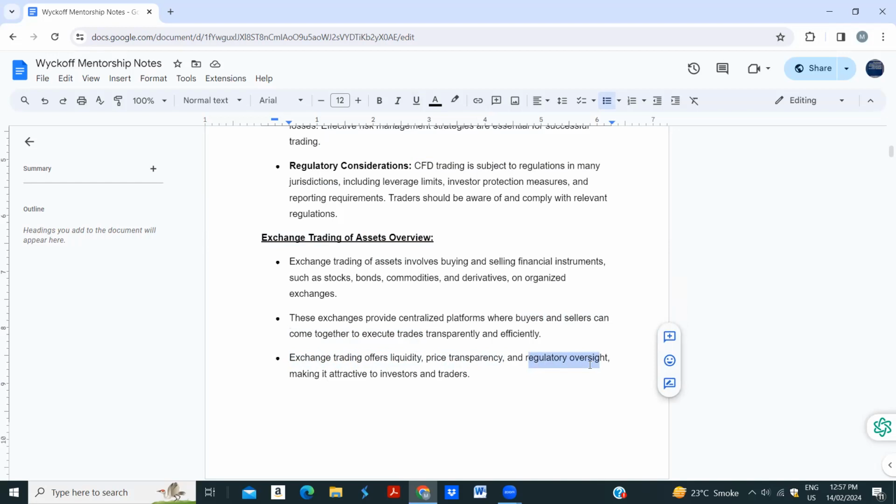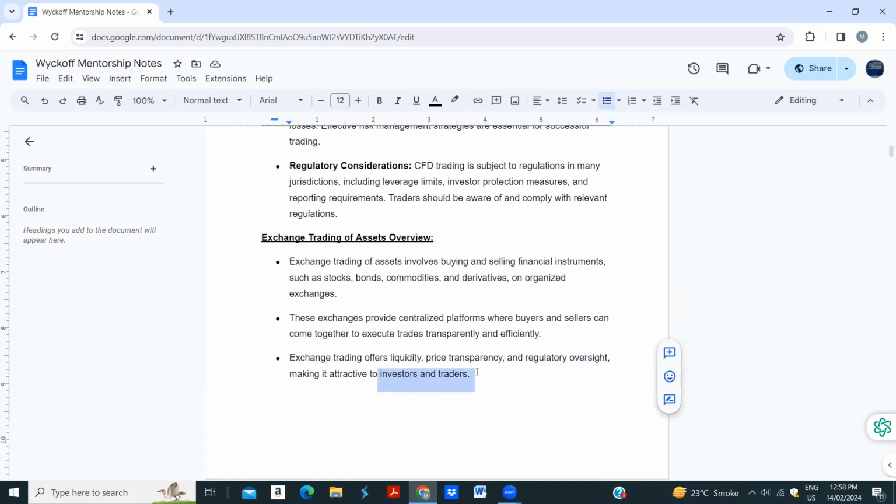Similarly, when you are buying shares of the UK stock market, you are actually trading on the London Stock Exchange. So because of the liquidity, price transparency, and regulatory oversight, exchange trading is very, very attractive to investors and traders.